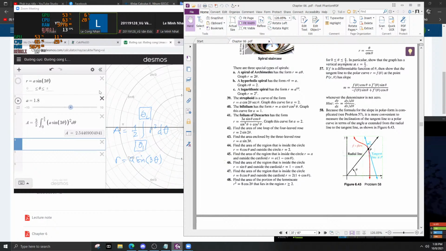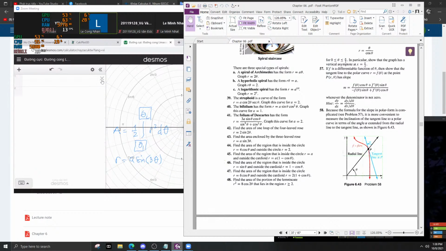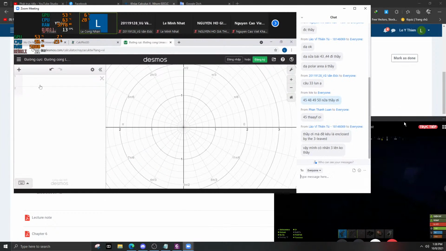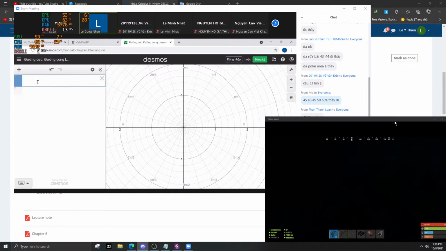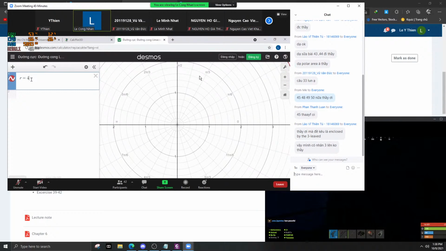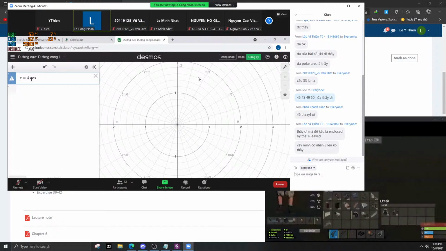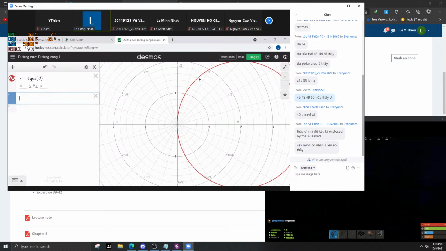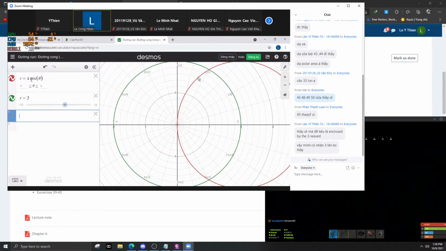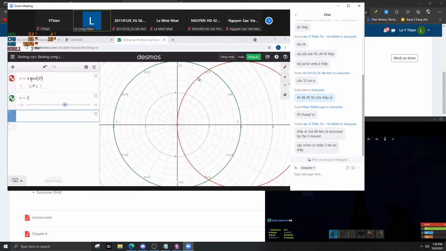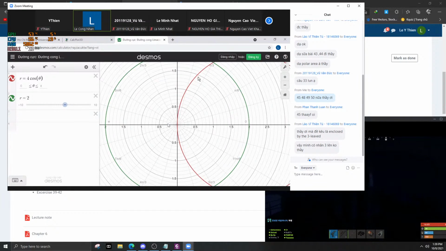Now I erase this one. We have r equals 4 cosine of theta and r equals 2. The area that lies inside the circle r equals 4 cosine theta and outside the circle r equals 2.